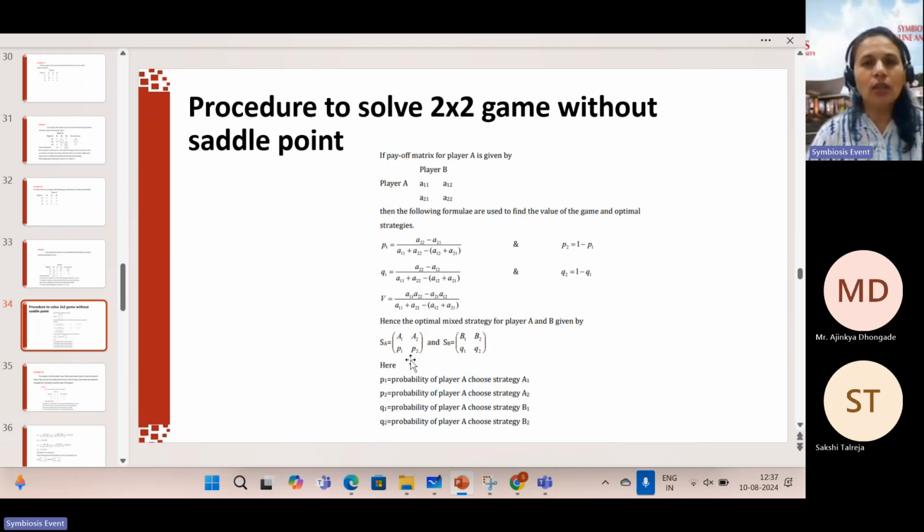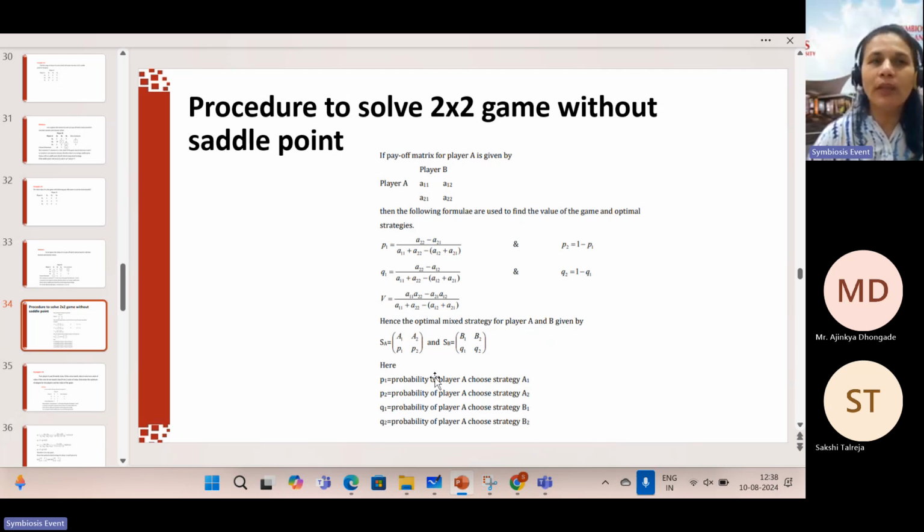We have seen sometimes a 2 cross 2 matrix is given. That means player A is adopting two strategies and player B is also adopting two strategies. So we can solve them by the algebraic methodology, and these were the few formulas we have derived. Let's say I don't remember the formula, so we can do it by the expected value. Chances of winning plus chances of loss is always equal to 1.